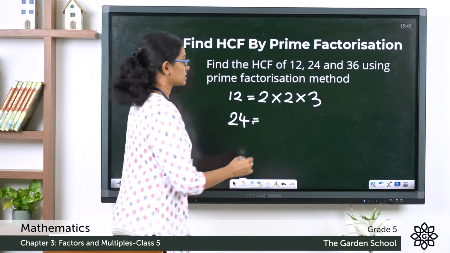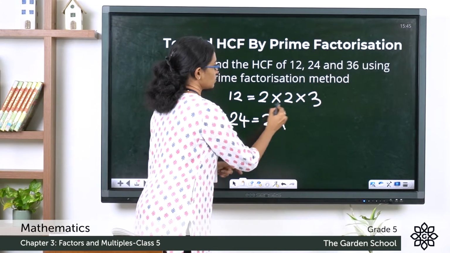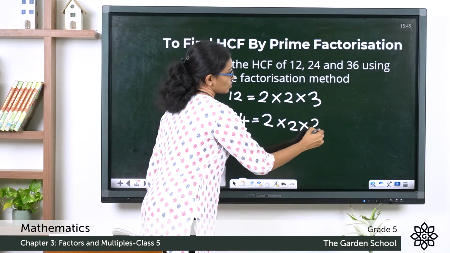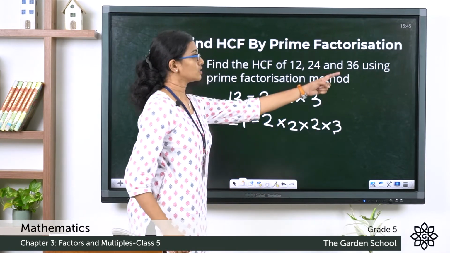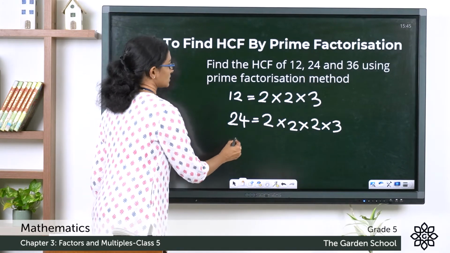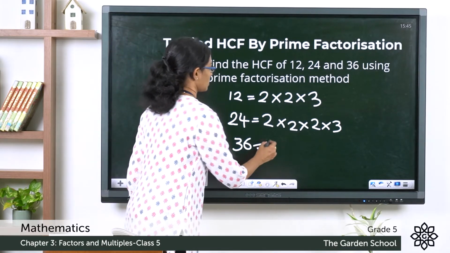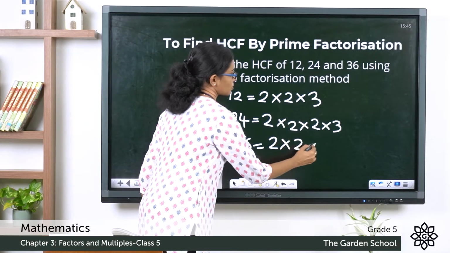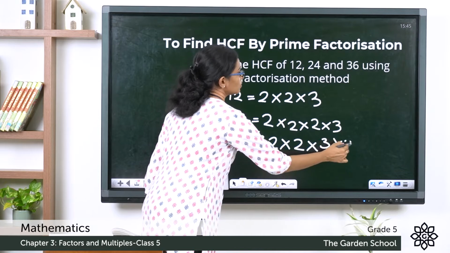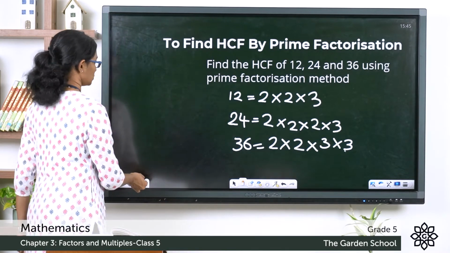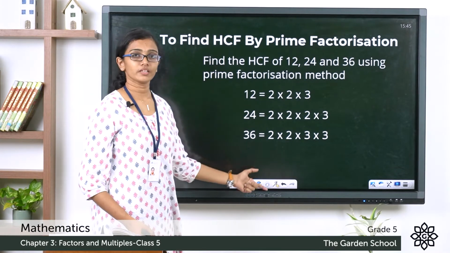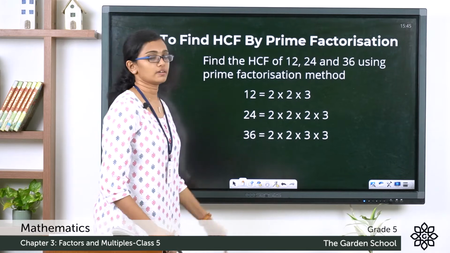So we can write this as 2 into this, 2 into 2 into 3. Now what about 36? 36 can be prime factorized into 2 into 2 into 3 into 3, right? So here we have all the numbers prime factorized.